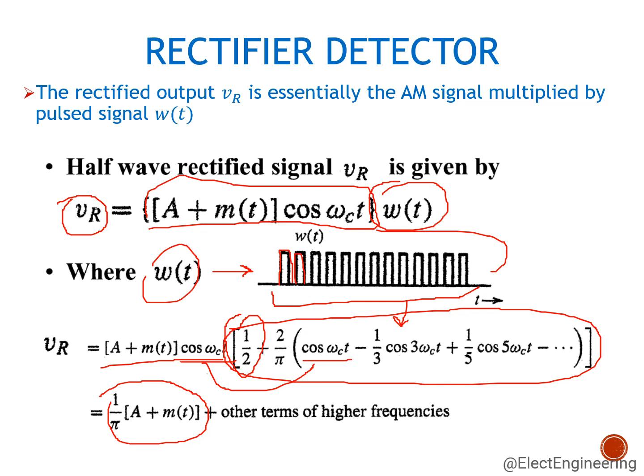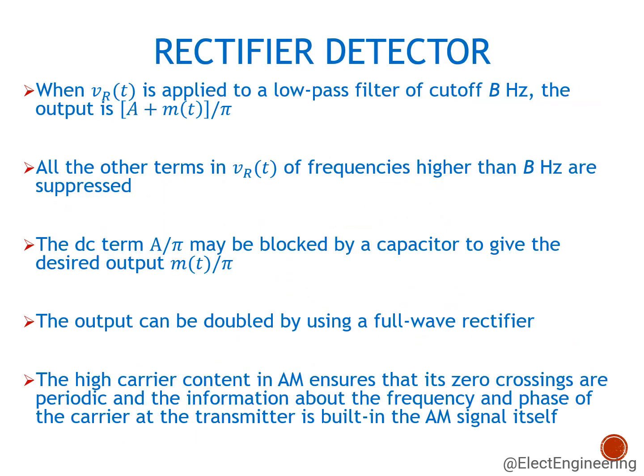And by using the trigonometric identity that we saw previously for coherent detection, the cos² can be converted into cos 2ωct, and so that's why we can take out this signal from the higher order frequencies which are appearing here, 3ωc and 5ωc. So this is the mathematical proof that the rectifier detector can give us the message signal at the output.